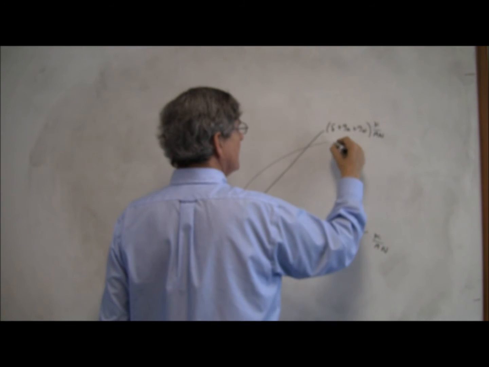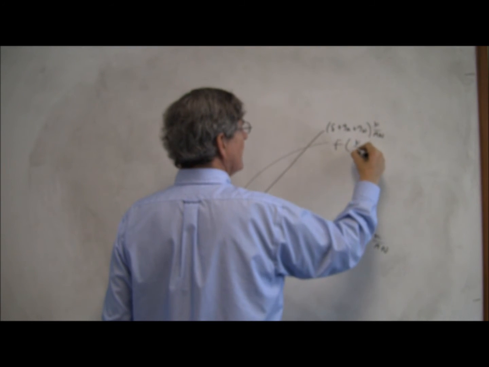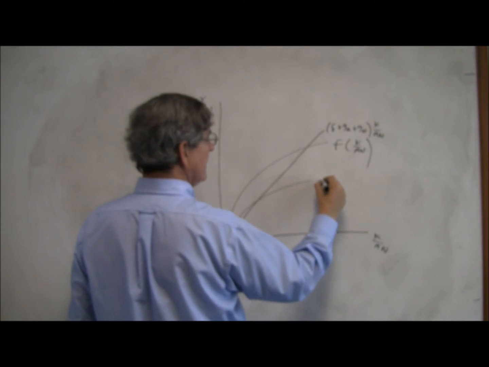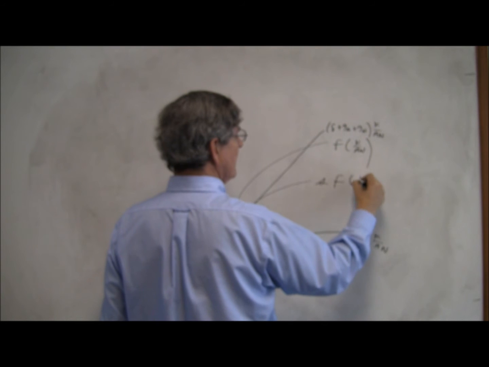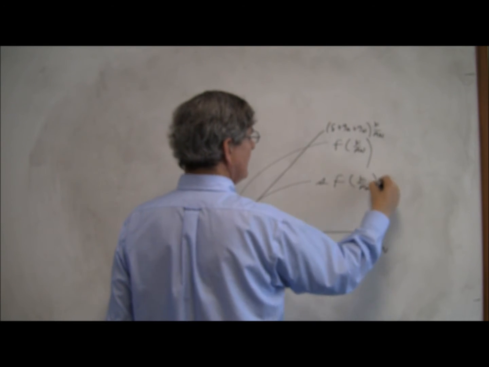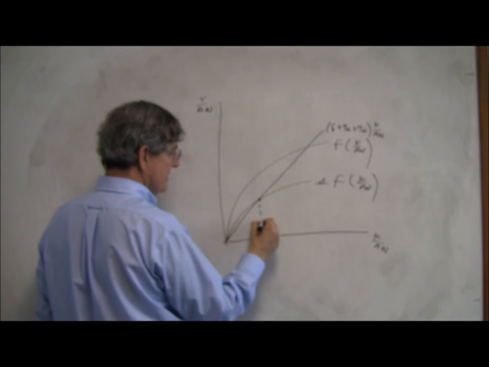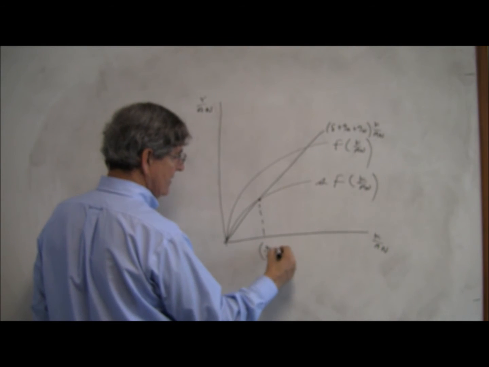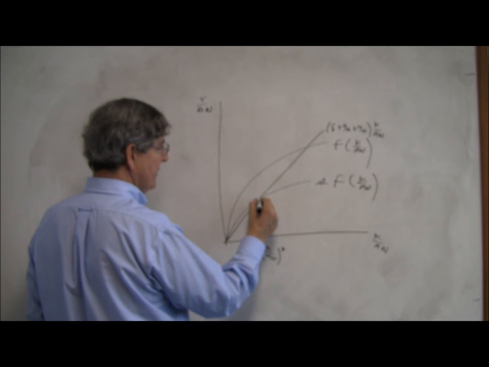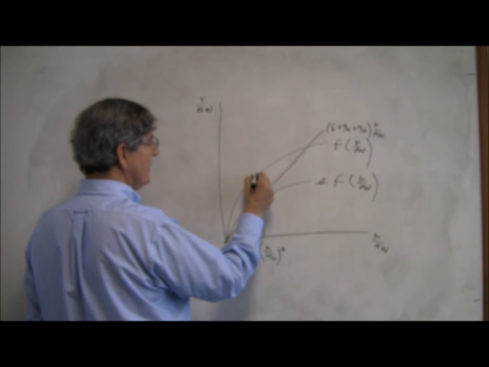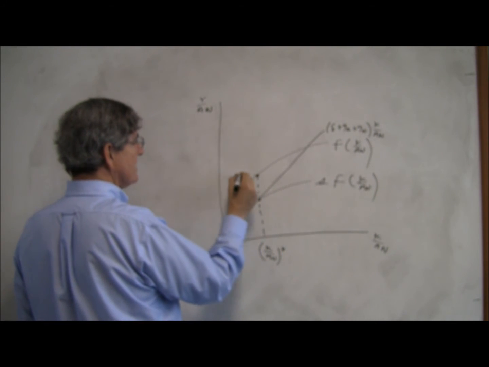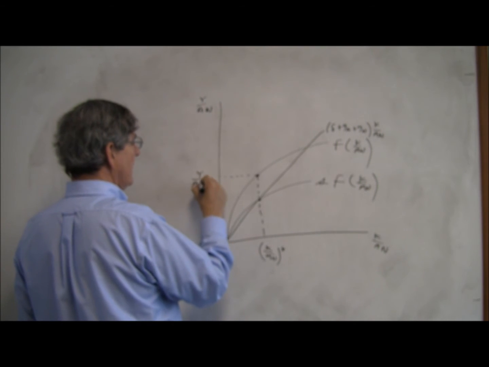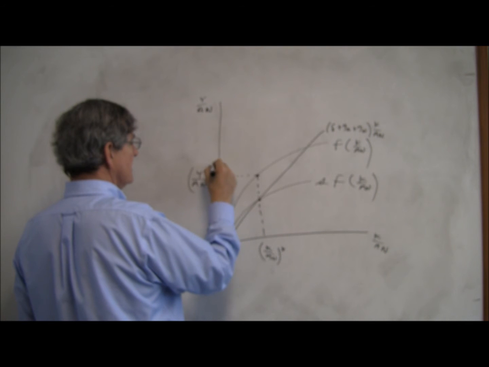Production function, F of K over AN. Then the investment function, S F of K over AN. This is our steady state, K over AN star. And if we go up and give that to the production function, it gives us Y over AN star.